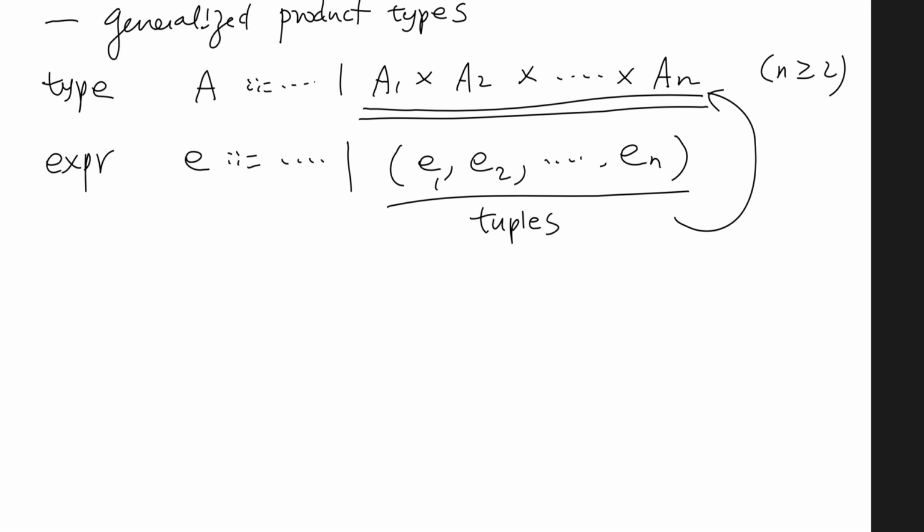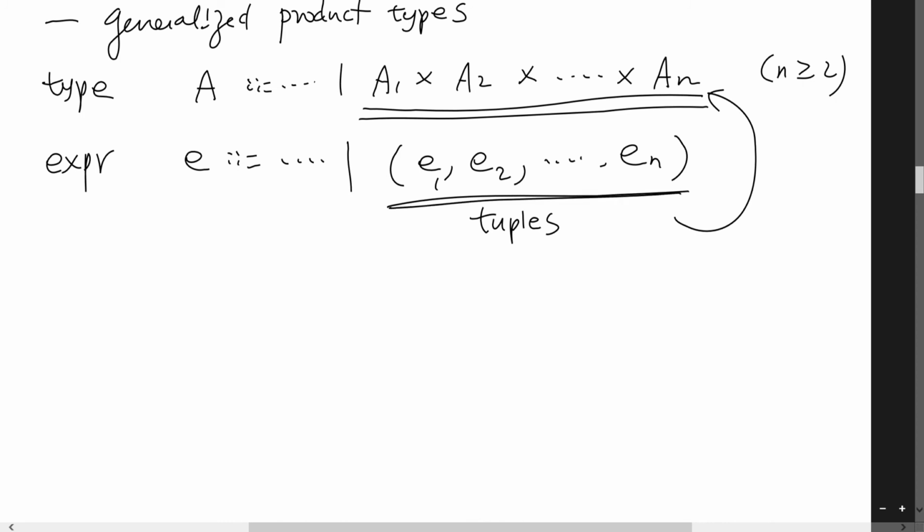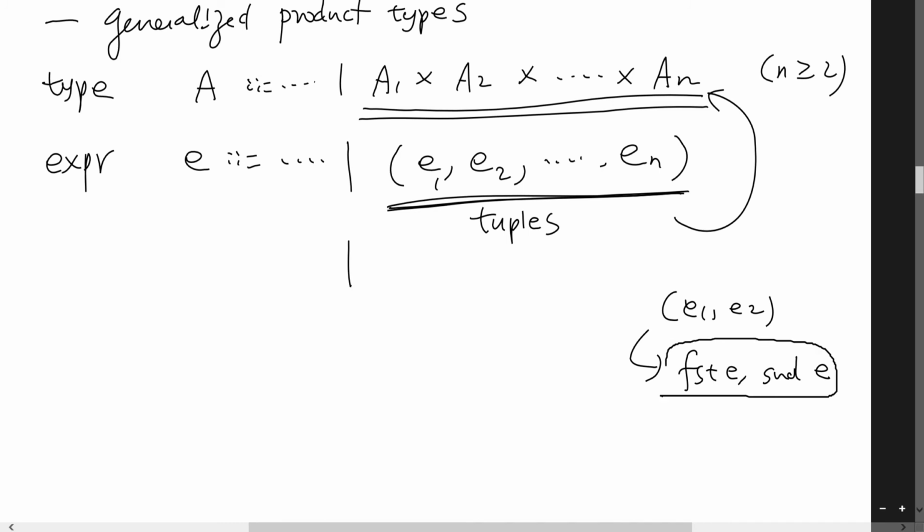And now we need to introduce another form of expression for extracting components of these tuples. Just like for pairs, we have 2 projection operations, first E and second E. Now we allow multiple components inside the parentheses, so we also need to generalize these projections.